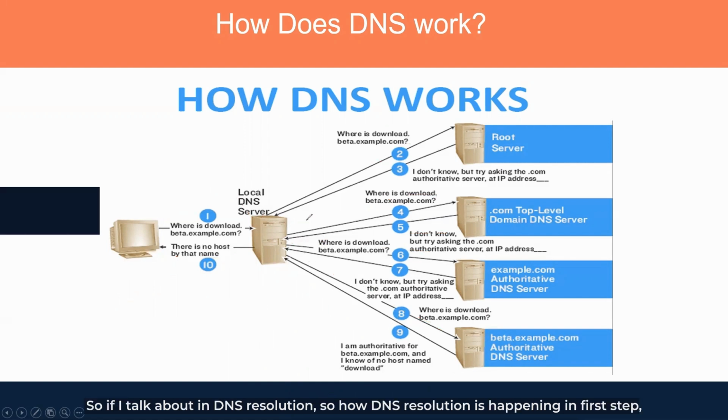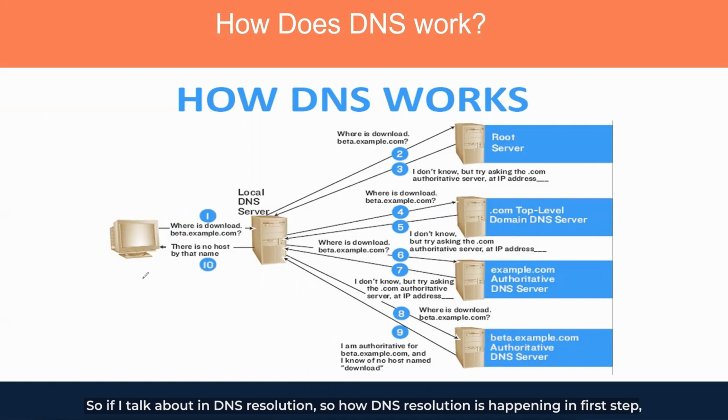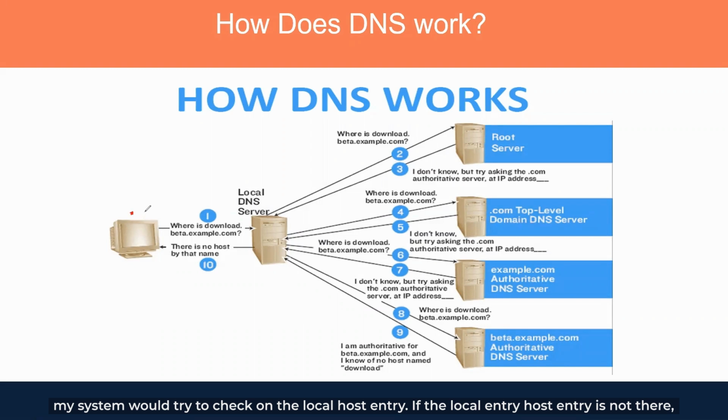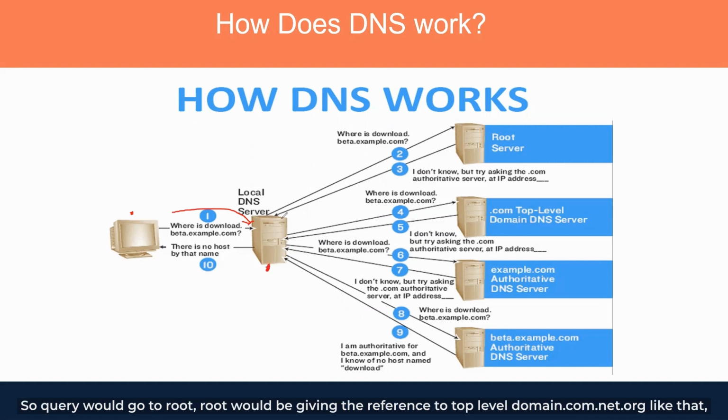So if I talk about DNS resolution, how is DNS resolution happening? In the first step, my system would try to check the local host entry. If the host entry is not there, it would try to get the DNS name from the local DNS server. If the local DNS server is not able to resolve, the query would go to root. Root would give the reference to the top level domain .com, .net, .org, like that.